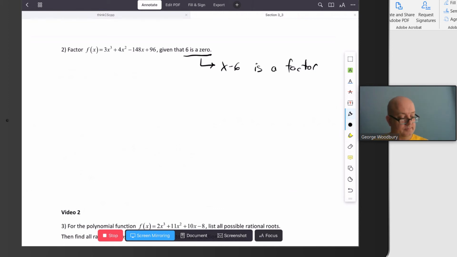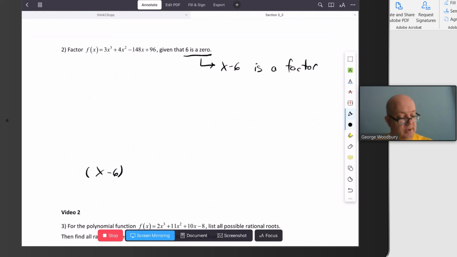So I know that my final expression is going to have x minus 6 times something. But I can do synthetic division to take that third degree factor down to x minus 6 times some second degree expression, and then I'll try to factor that.